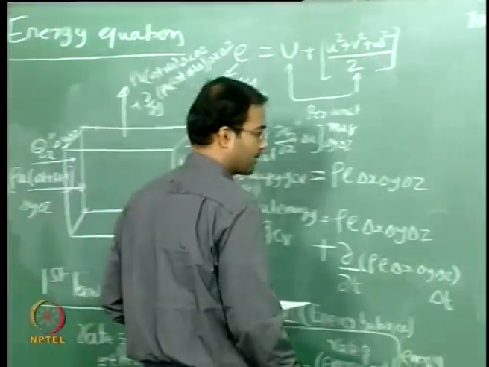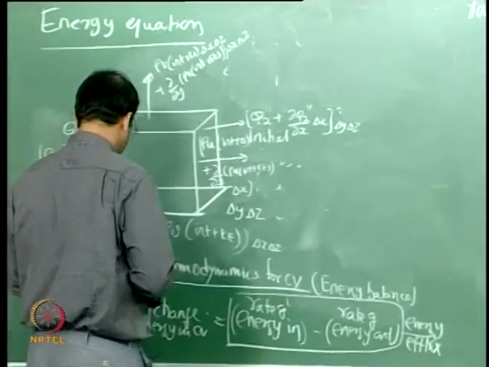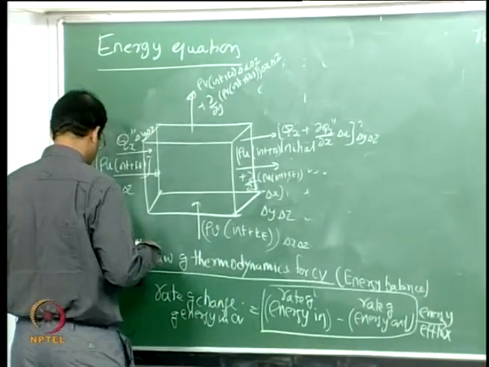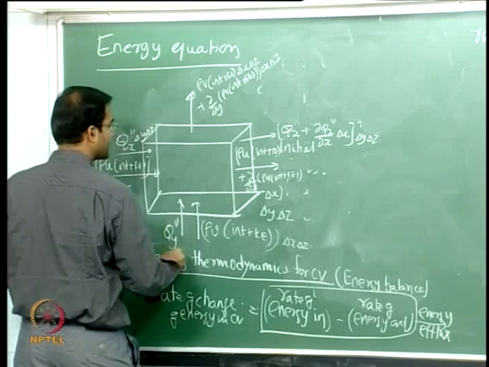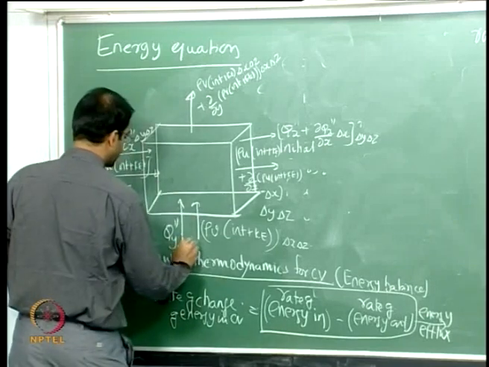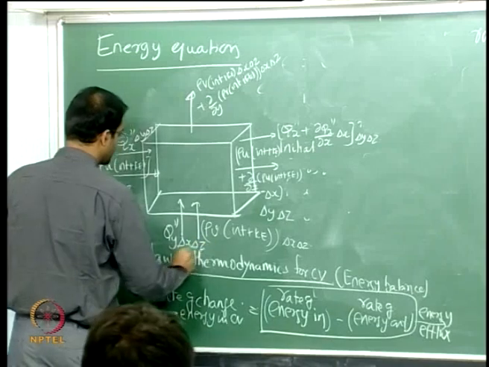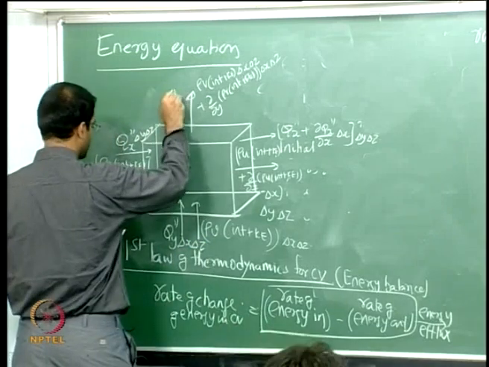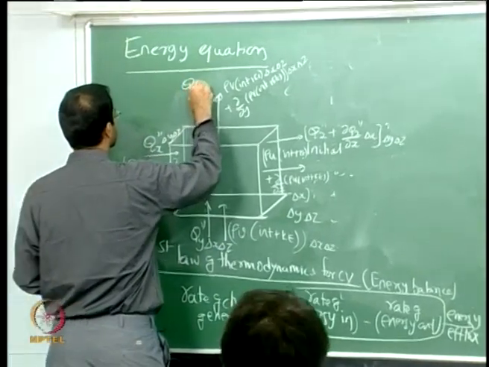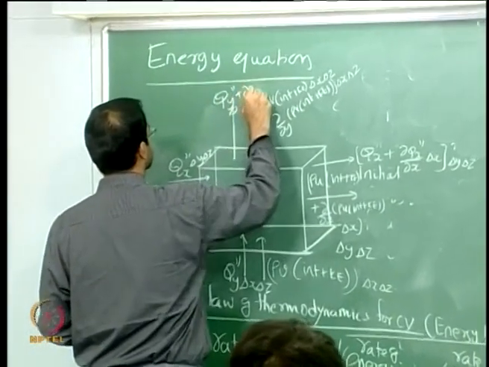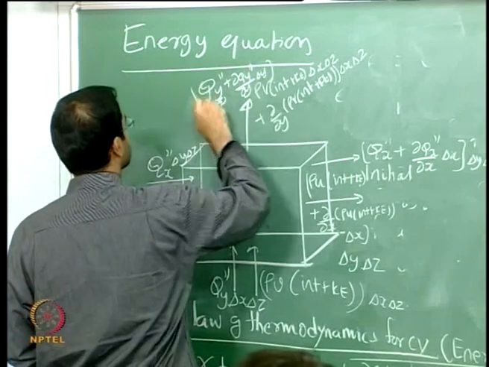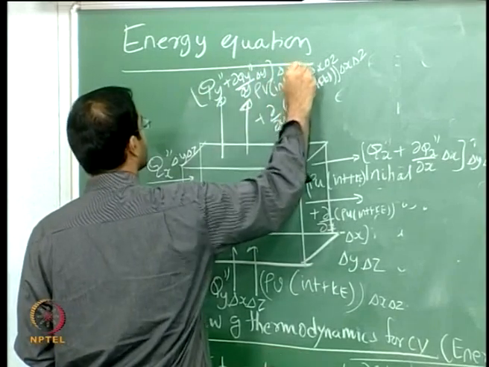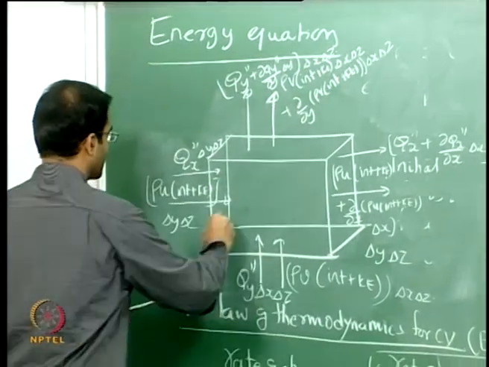Similarly you have conduction of heat in the other directions as well. I am representing heat flux in this direction into delta x delta z as the heat transfer rate, and similarly you can express this in the other direction, and also in the third direction you can do the same.